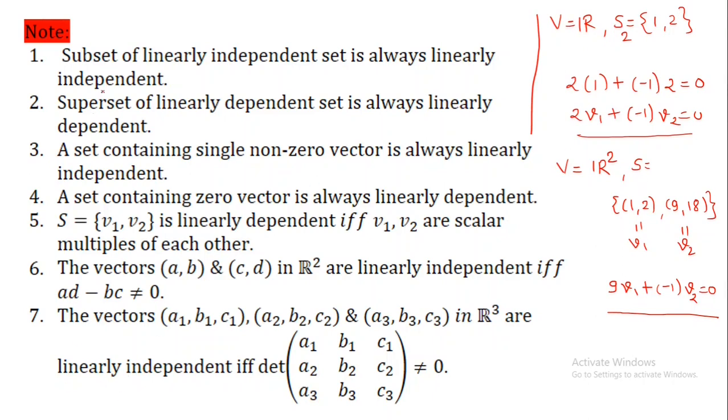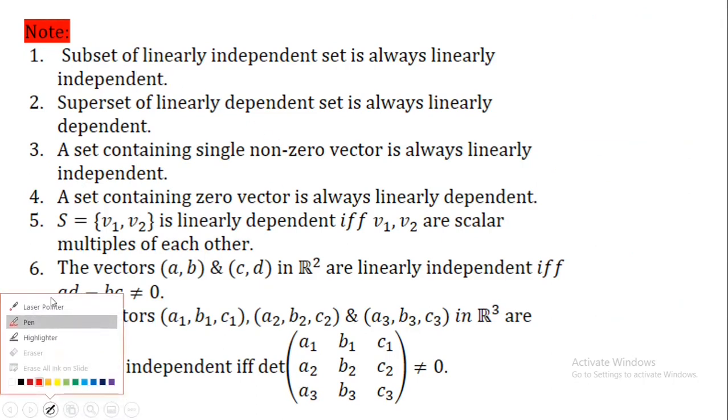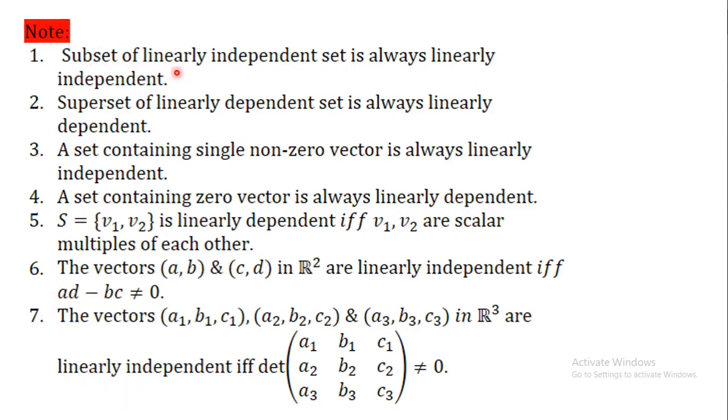Now let us review notes on linear independence and dependence. First of all, note that a subset of a linearly independent set is always linearly independent. What is the meaning of this? Suppose we have two sets S1 and S2.